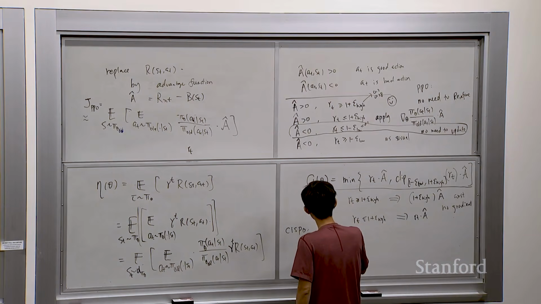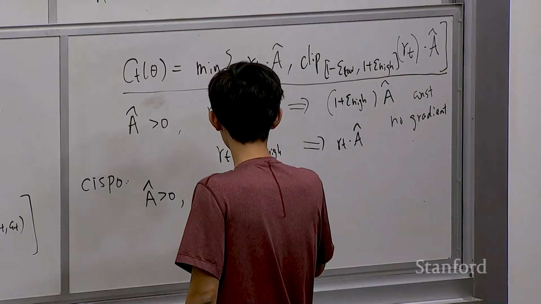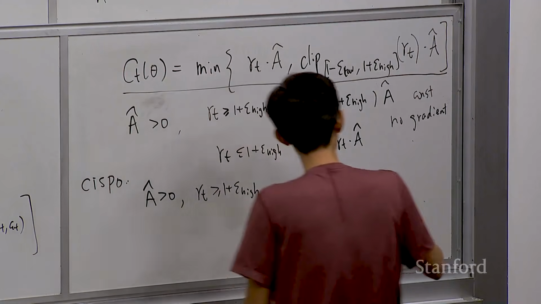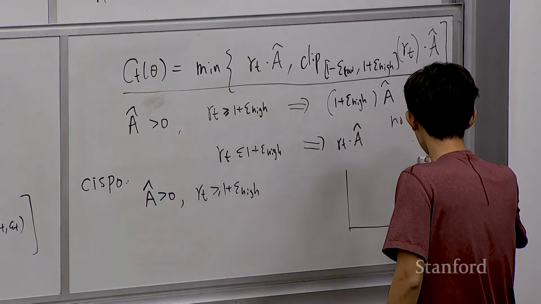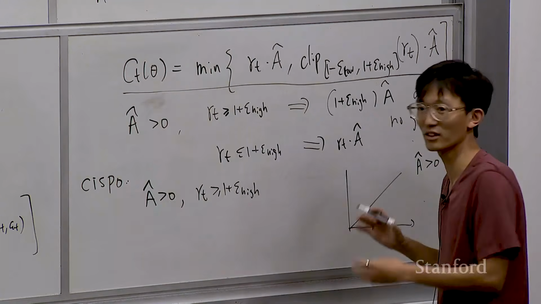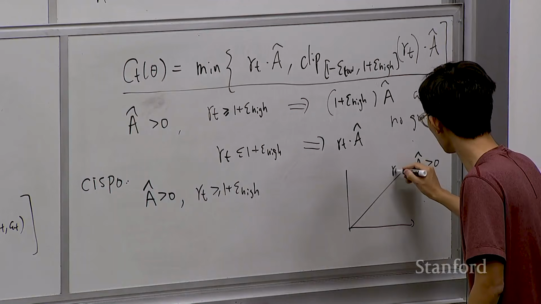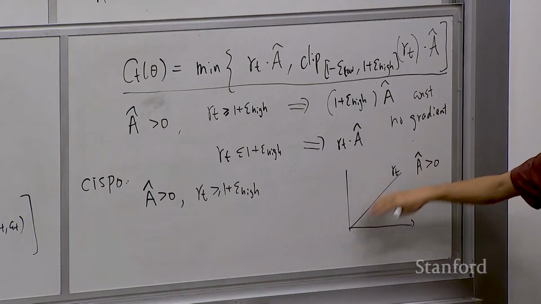So if A hat is bigger than 0 and RT is bigger than 1 plus epsilon high, maybe it's useful to draw something here. So this is A hat is bigger than 0. And if you do nothing, if you just keep the business as usual, it is this line, RT, the switch line.